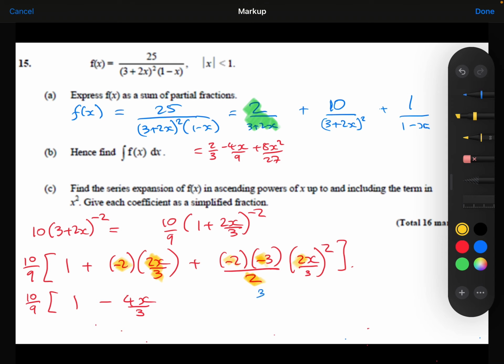Then we have the 2x over 3 all squared, which would be 4x squared over 9. And the 3 times the 4x squared over 9 would give me 4x squared over 3.